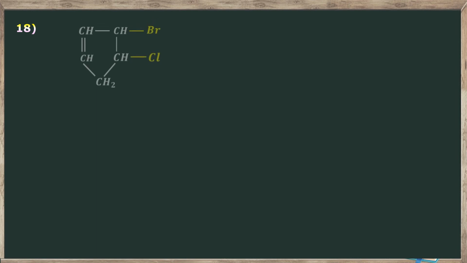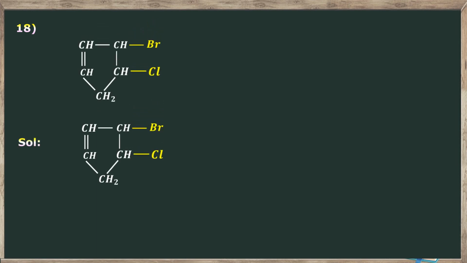Next, problem number 18. Solution. In this cyclic compound, a double bond is there and two substituents, bromine and chlorine atoms, have been attached to these two carbon atoms in the ring. So numbering is done in such a way that the carbon atoms bearing the substituents should get the lowest possible numbers. And wherever a double bond or triple bond is there, the carbon atoms bearing the double or triple bonds should be given 1 and 2 numbers directly.